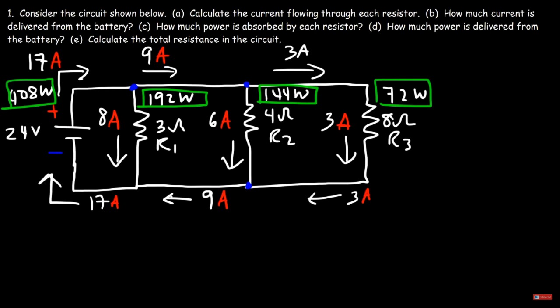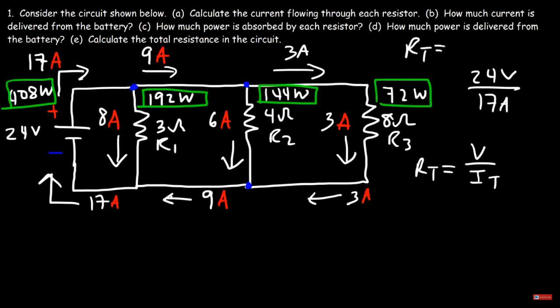Now, just like before, we're going to calculate the total resistance. Using this equation, it's voltage divided by the total current. So the voltage of the battery is 24 volts, and the total current is 17 amps. So the total resistance is much less than each individual resistor.